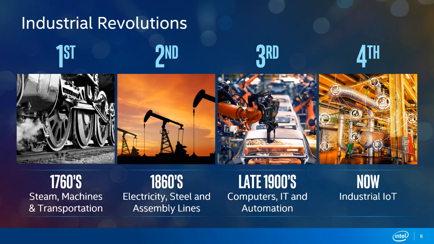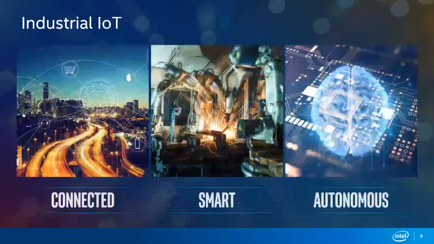And this led to massive growth in productivity in many industries. And today we're just at the beginning of the fourth industrial revolution. This is about industrial IT. And this is having devices that are connected, smart, and autonomous. And it's driving the change that we're experiencing now.